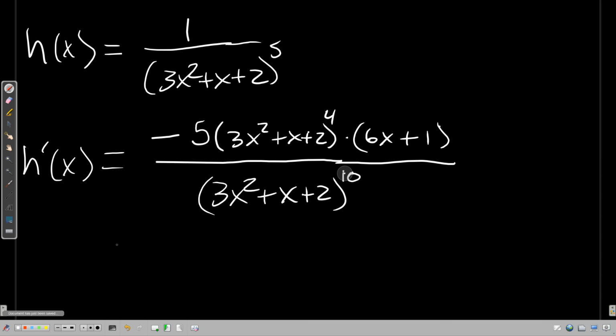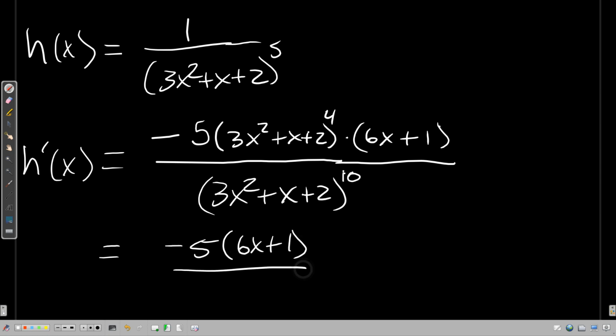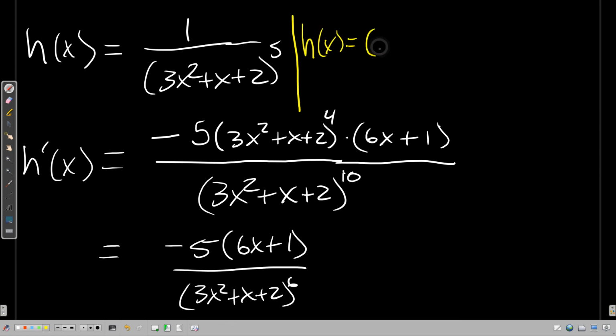But when you simplify this, you get a minus 5, 6x plus 1, over 3x squared plus x plus 2 to the 6th power. But see that that is exactly the same as what we would have gotten if we would have just said instead that h of x is really 3x squared plus x plus 2 to the minus 5.